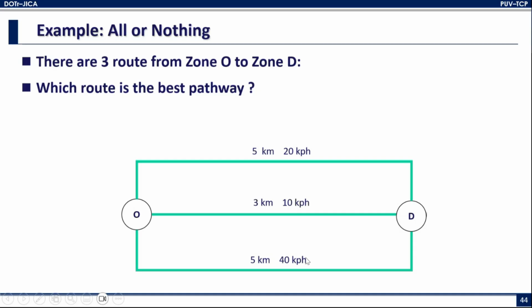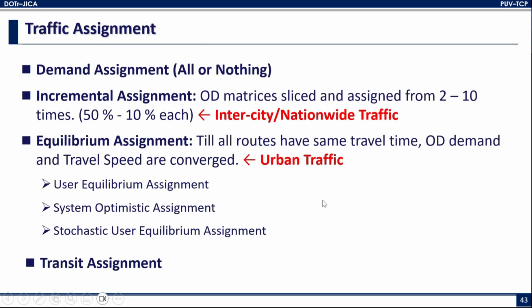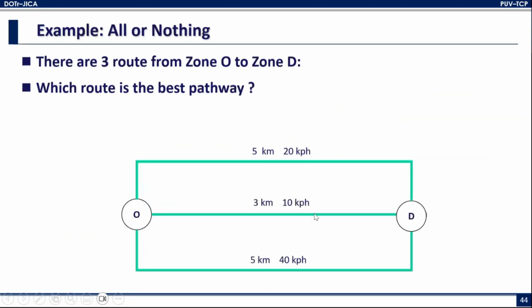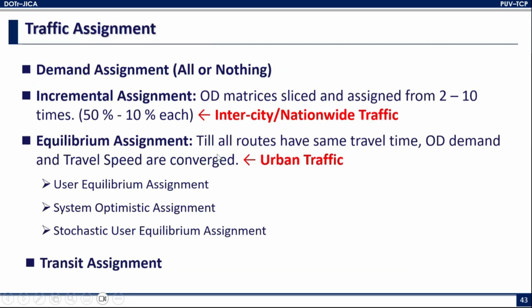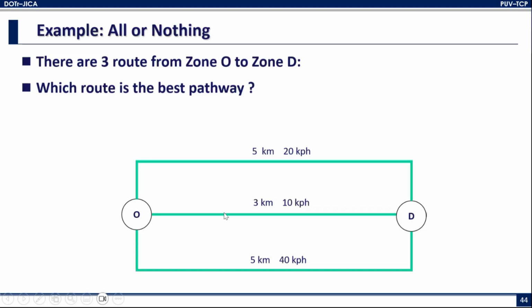Yes, and for the examples, the demand assignment is called all or nothing. There are three routes from zone O to zone B. From this information, which route is the best pathway? On site, I would ask anyone.